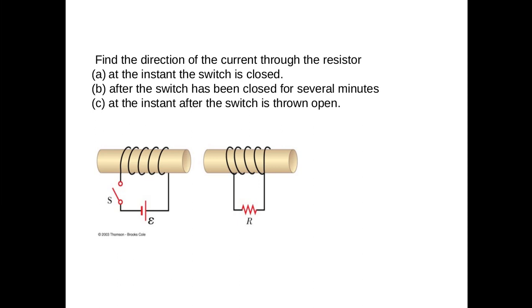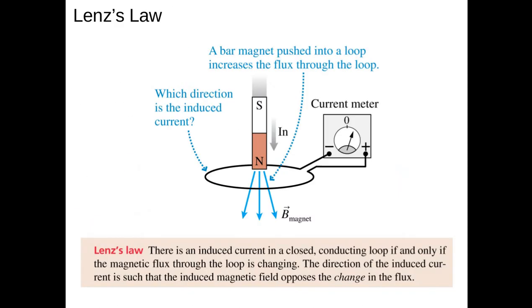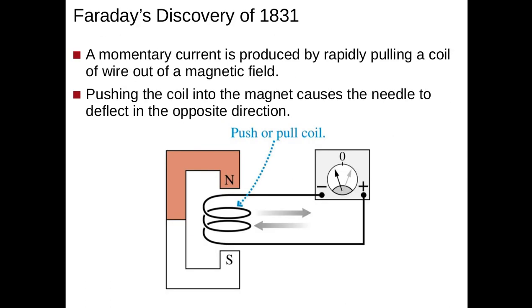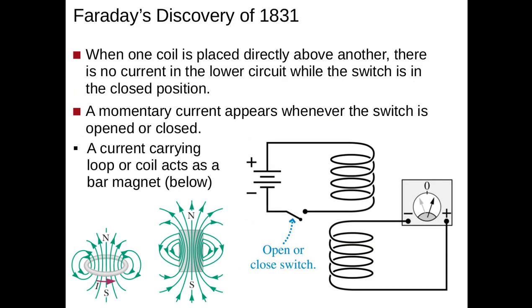So if we go back all the way to one of our first Faraday's Law slides, it's like this, right? It's a situation very similar to this. So we have a circuit that's connected to a battery, and it's got a switch.